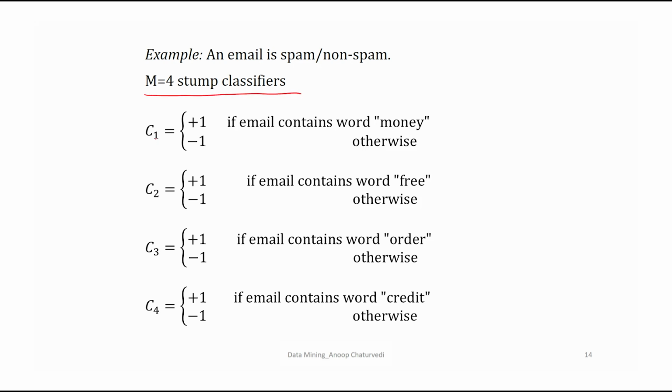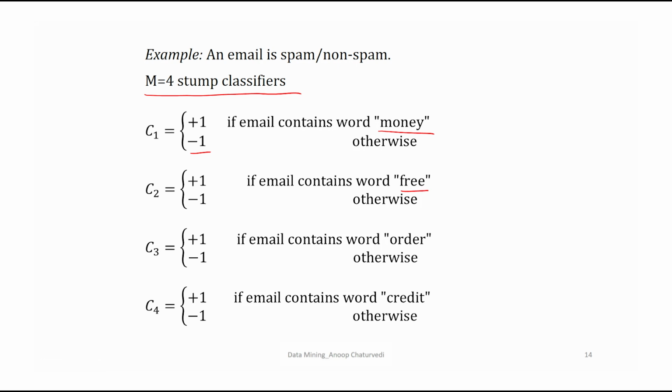The first classifier is C1 equal to +1 if the email contains the word money, and -1 if it does not contain the word money. The second classifier is C2 equal to 1 if the email contains the word free, and -1 otherwise.